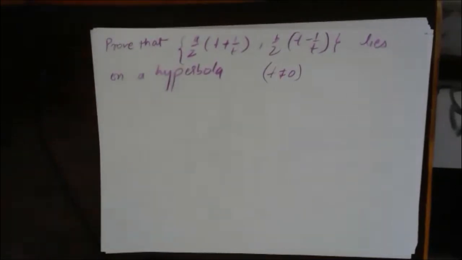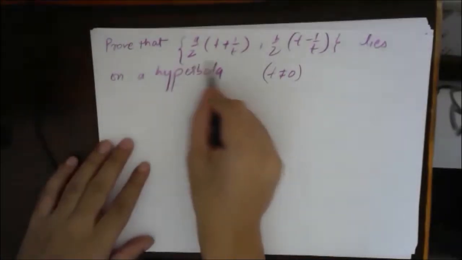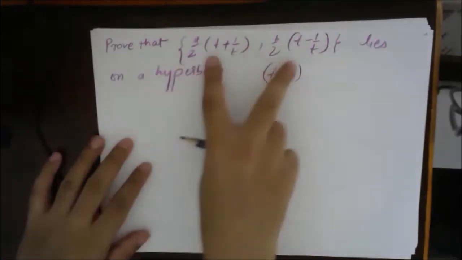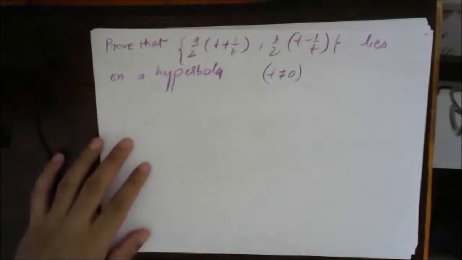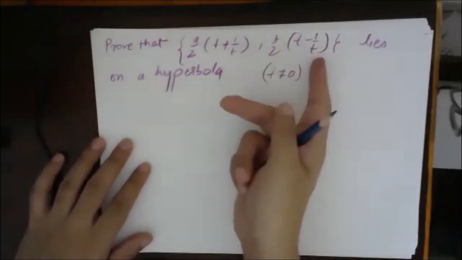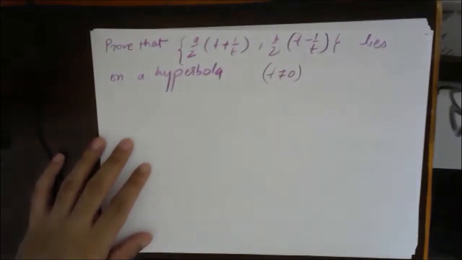Okay, let's solve this one. What they are asking is that you have to prove that these points will always lie on a hyperbola, that these points give you a locus which is only a hyperbola.